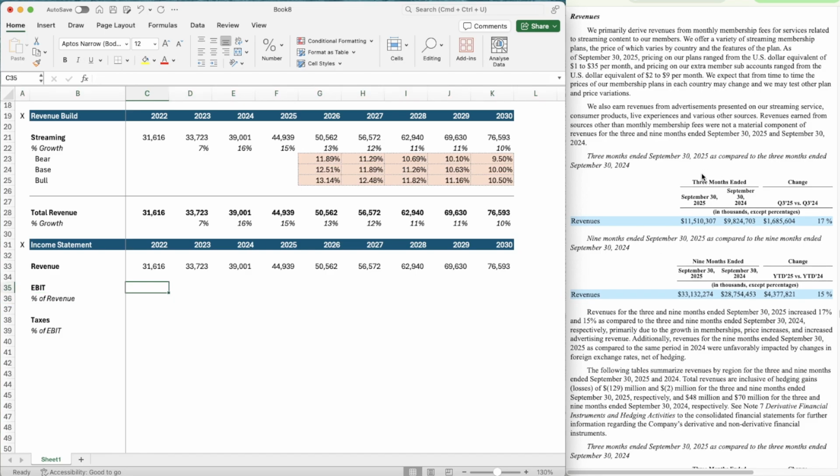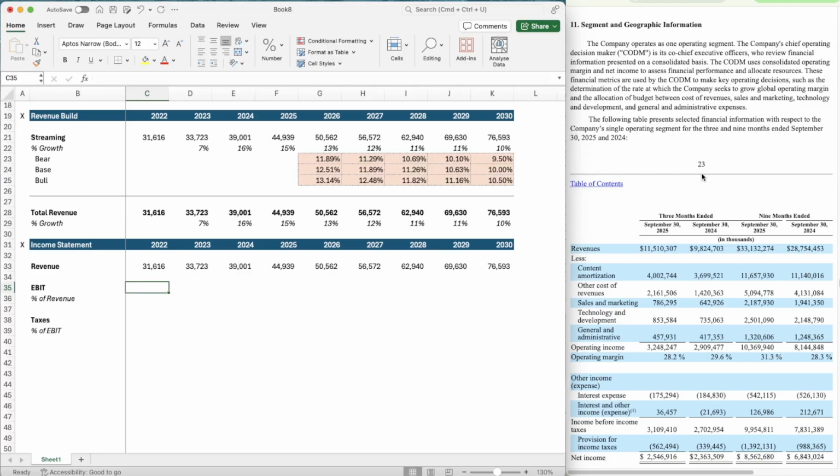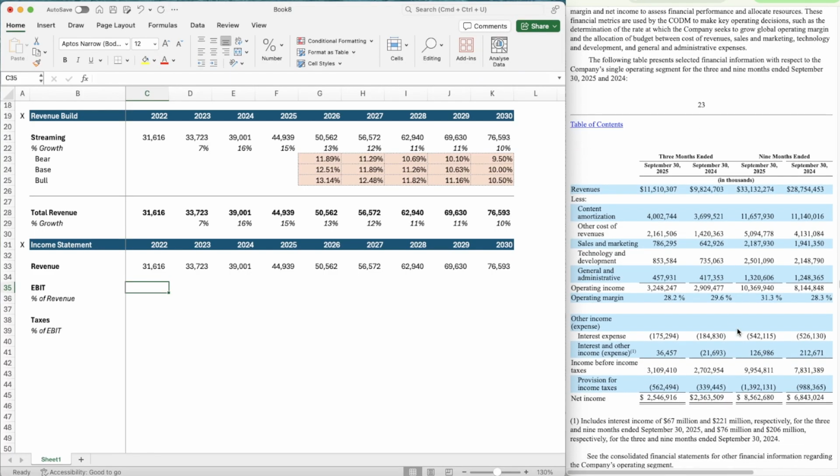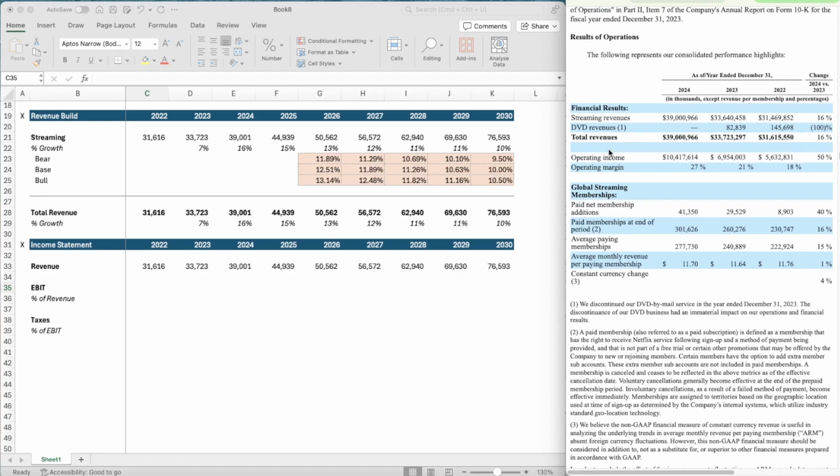Okay, so let's come up to the income statement, which is this one here. So page 24 on the 10Q. Oh great, they put it here. Yeah, that's fine. We'll use this one.